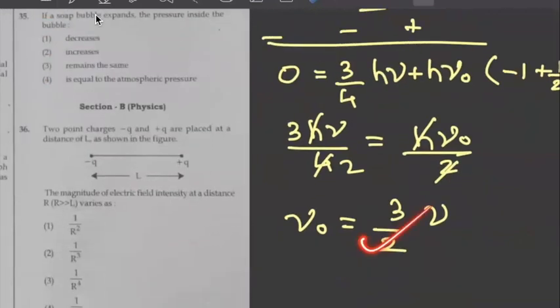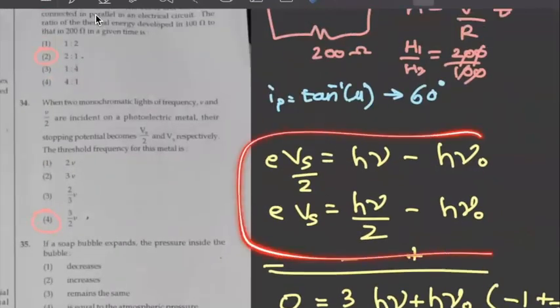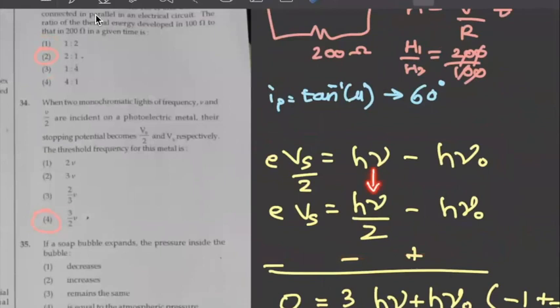We have solved it and got the answer, but this question itself seems a little bit fishy. If h nu is becoming h nu by 2, let's take a number. Suppose this is 5 eV and this is 2 eV. So how much Vs will I get? I will get a Vs of 5 minus 2, 3. So Vs by 2 is 3, that means Vs is 6.